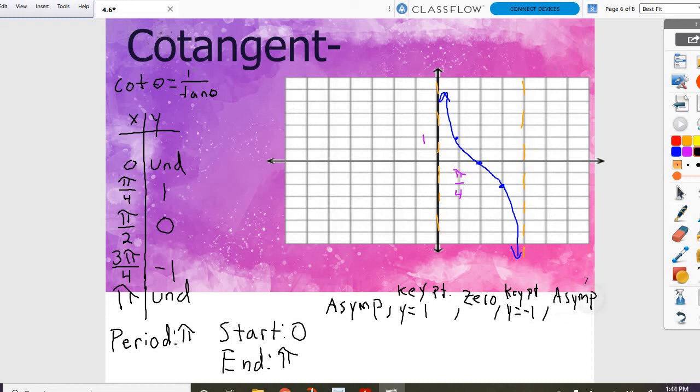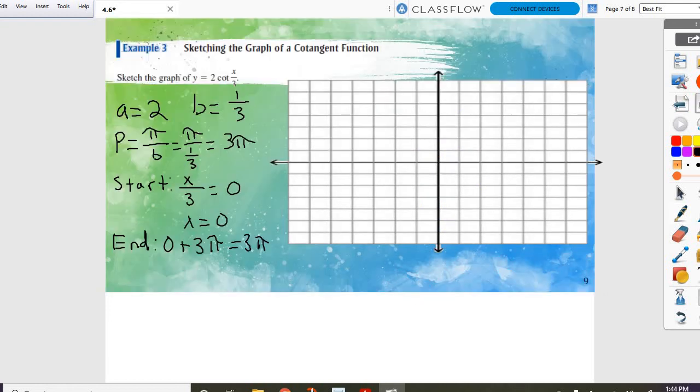So sticking with that same format, I'm going to go by a little bit of a different increment on my x-axis because we have to get all the way out to 3 pi. So I'm going to go ahead and go by pi's over 2's.